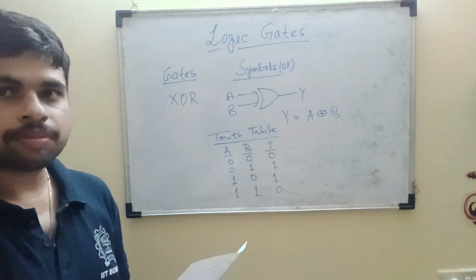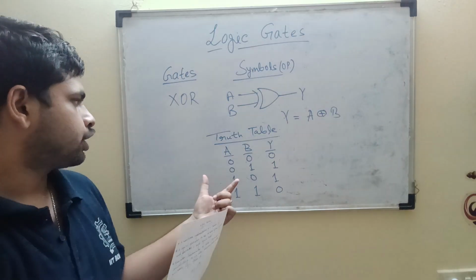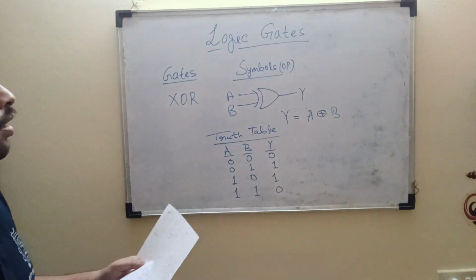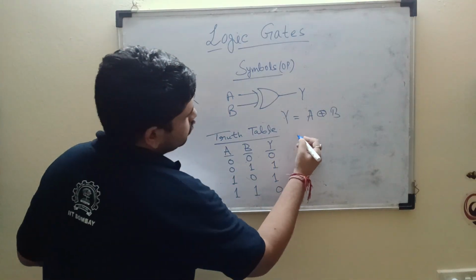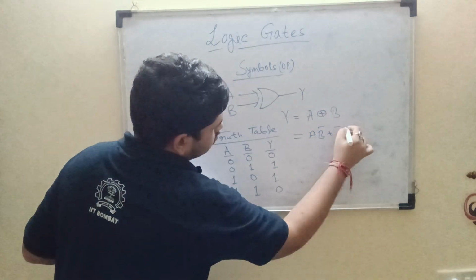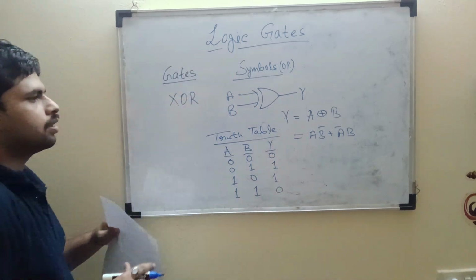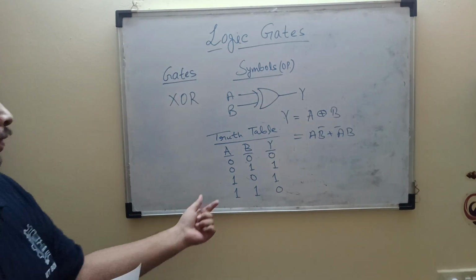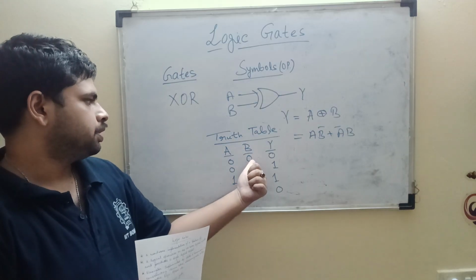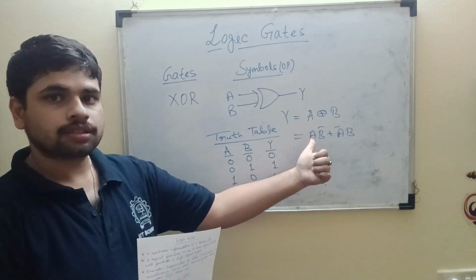So what might be its actual operation? If we consider this, it will be A B bar plus A bar B. If A is 0, B bar is 1, 0 times 1 is 0.